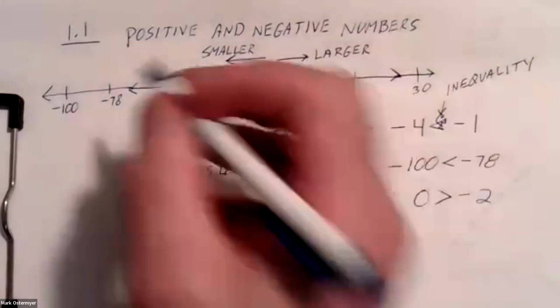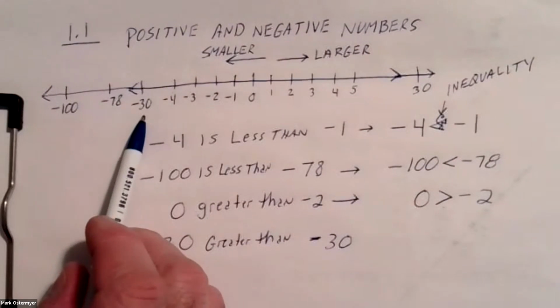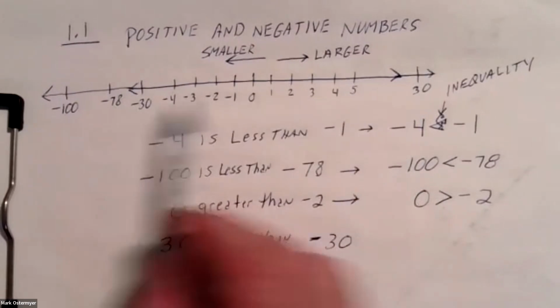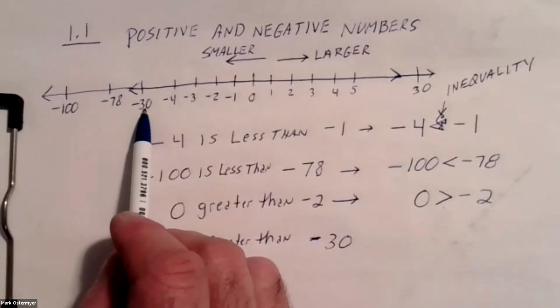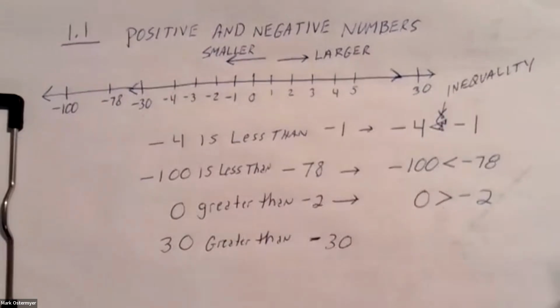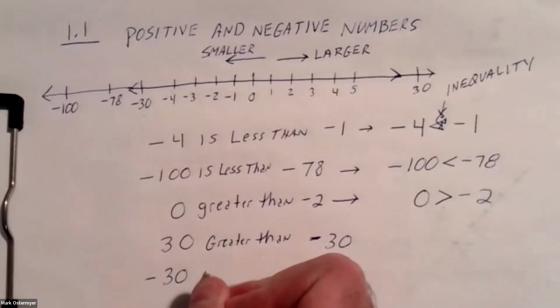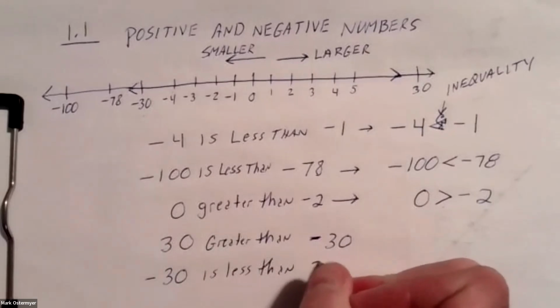Do you agree? Negative 30 is way over here to the left. So negative 30 is a lot further to the left of 30 on the number line. And so obviously 30 is greater than negative 30, or negative 30 is less than what? 30. So synonymously, you could say negative 30 is less than 30.